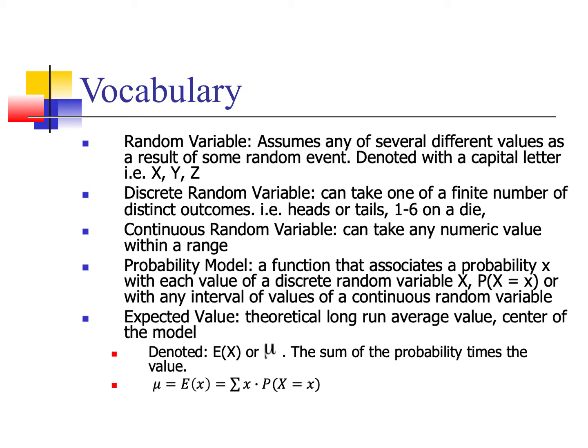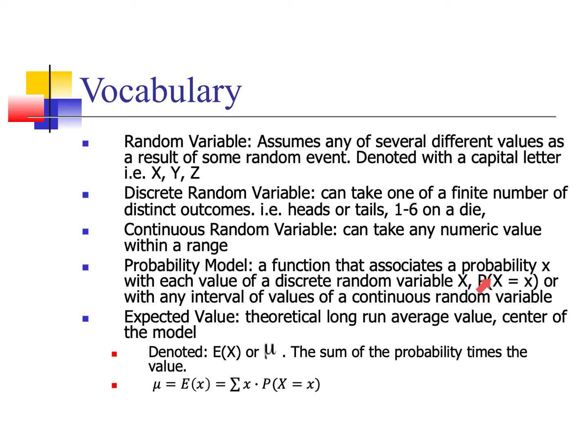A probability model is a function that associates the probability x with each value of a discrete random variable, capital X. So it's denoted P of capital X equals x. And so that basically means whatever your random variable is, in this case, if we talk about Greedy Pig, your points, what's the probability that your points are equal to 1?